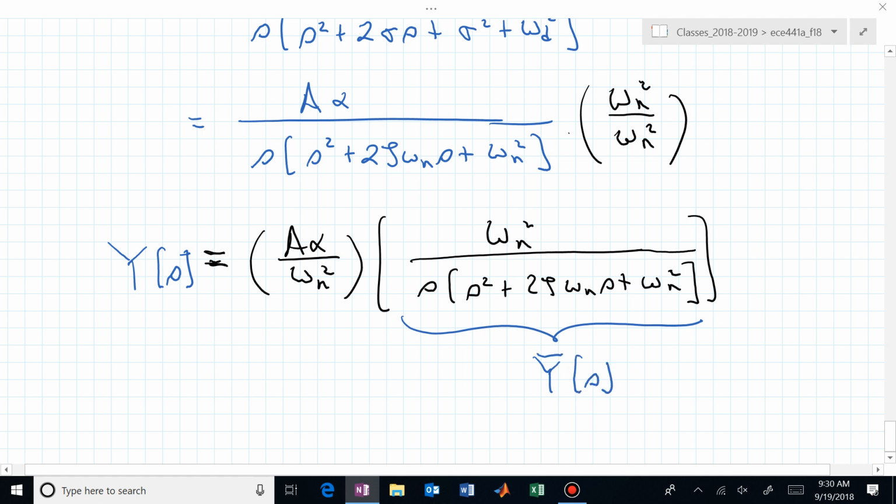So I have now created a scaled version of the output, and now I have y bar that's scaled, and that will give me Y of s. But what's special about y bar?